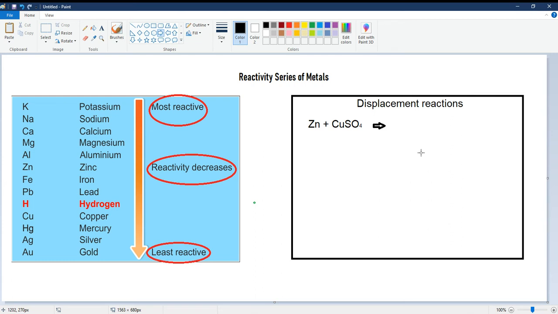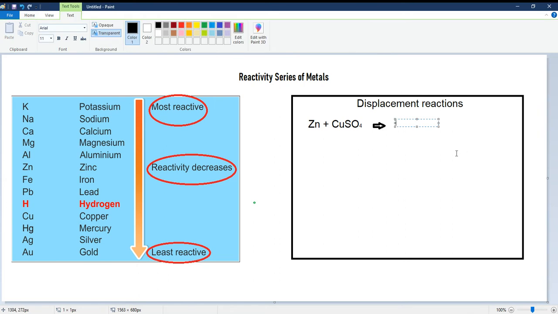If you guessed it will give zinc plus copper sulfate, or zinc copper sulfate, you're wrong. Or do you think it'll become zinc plus copper sulfate, which is just the same answer? You're still wrong.